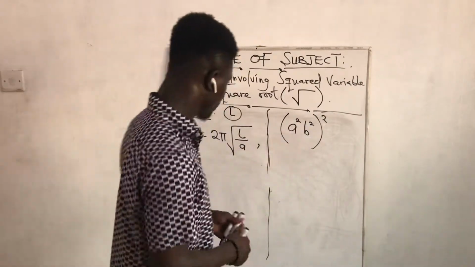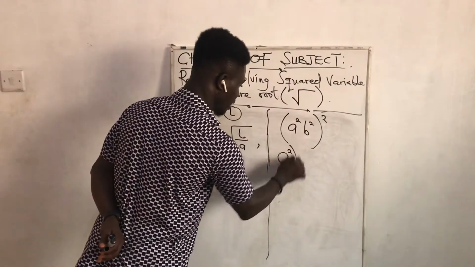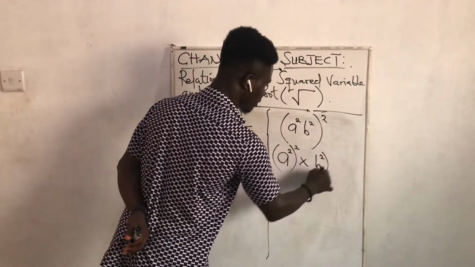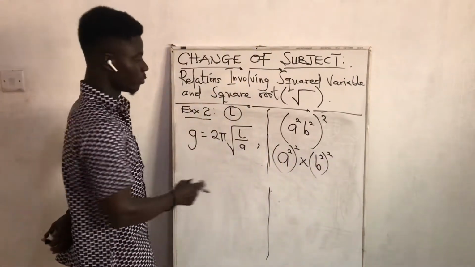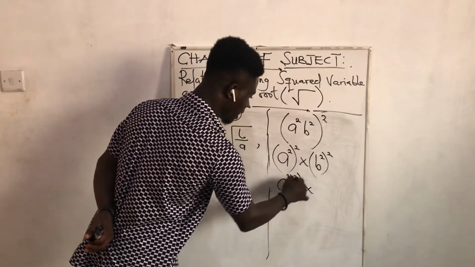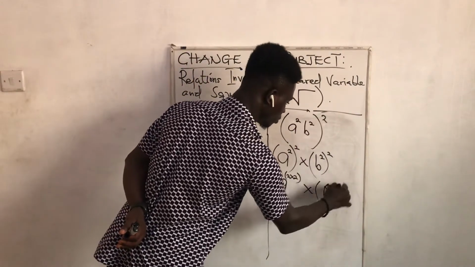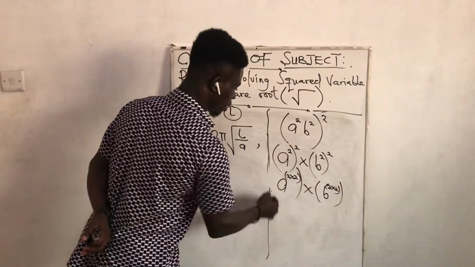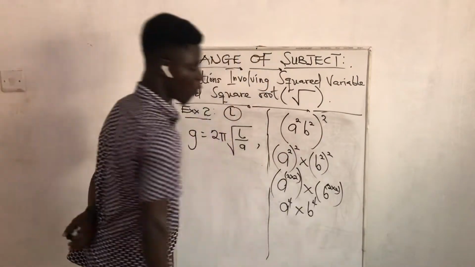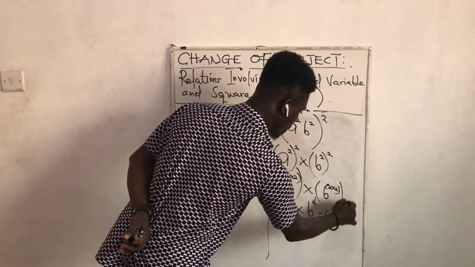So I can use the laws of indices: a squared all squared times b squared all squared. This means a to the power 2 times 2, times b to the power 2 times 2. So I'll get a to the power 4 times b to the power 4, so I have a4, b4.